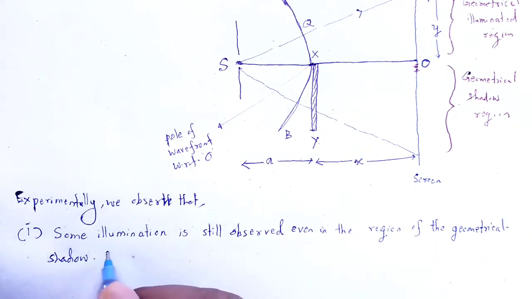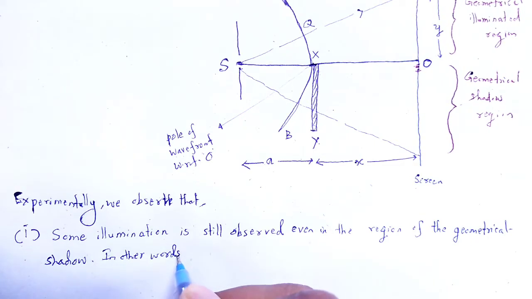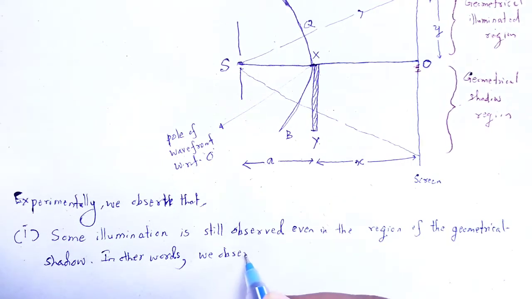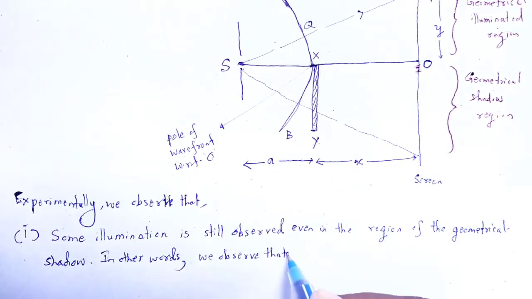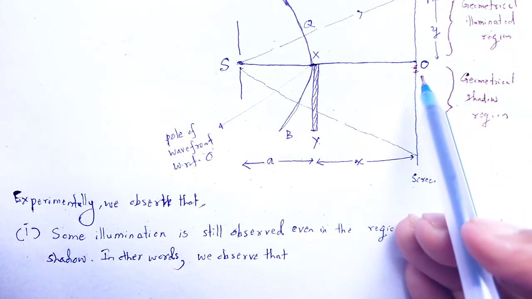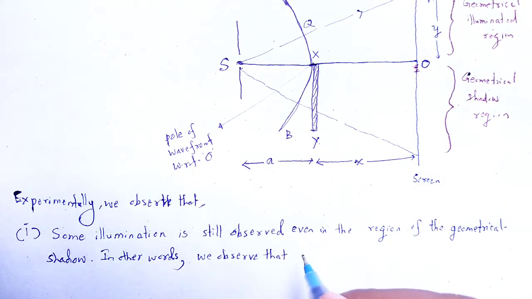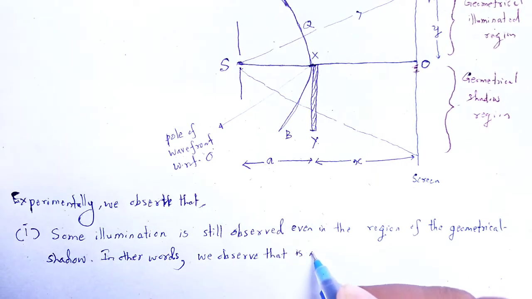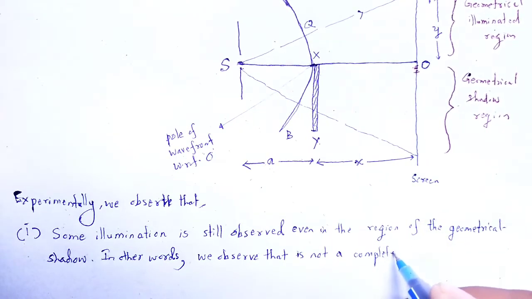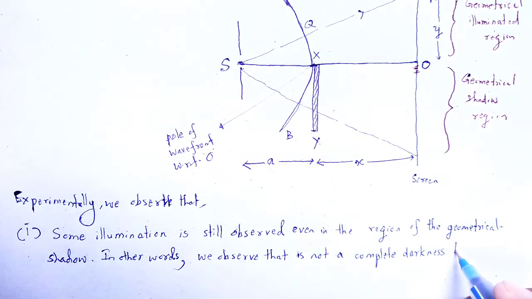In other words, we observe that there is not a complete darkness below O.